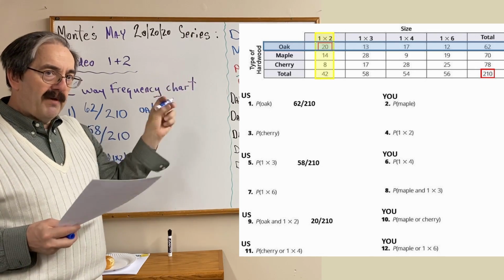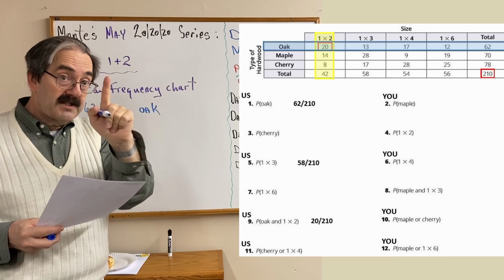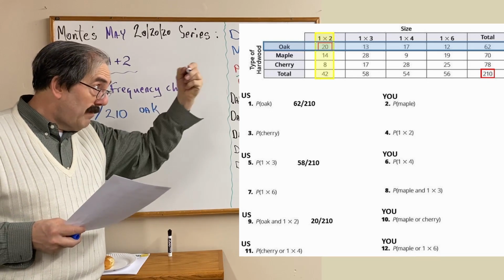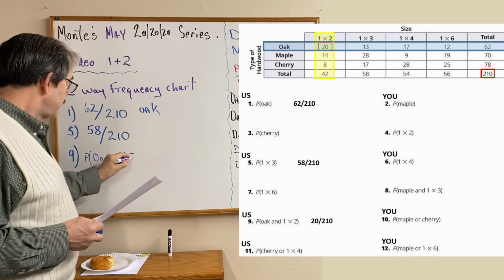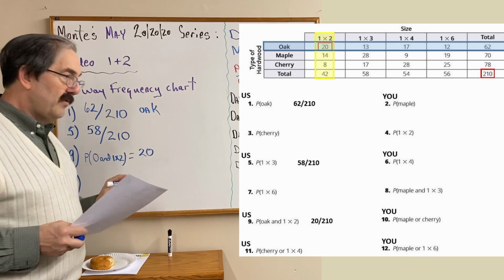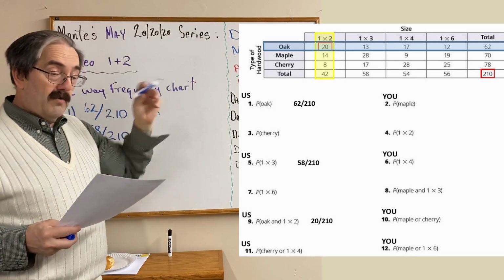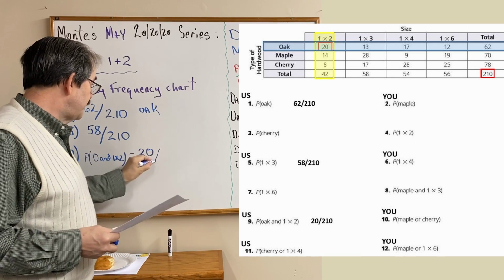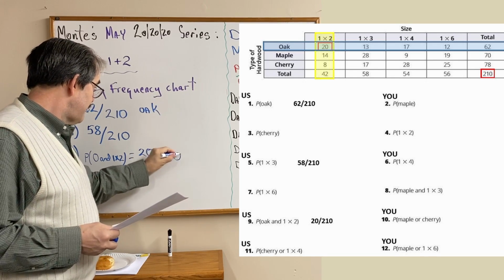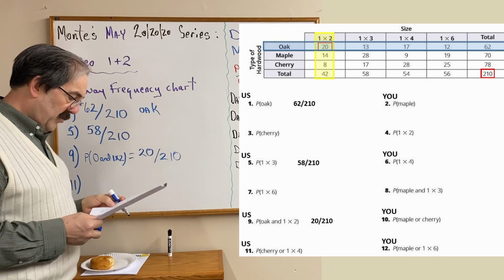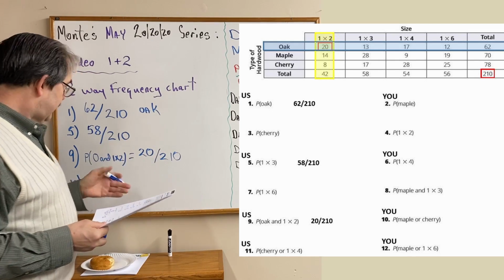You see how you multiply the two together? You just have one possible choice. It's just that one number. 20. The only time you have only the oak, only the 1 by 2 is 20 of the 210. Okay, so we rolled right through those.